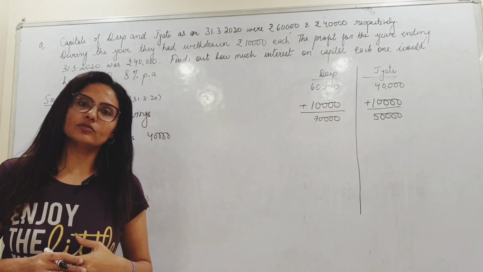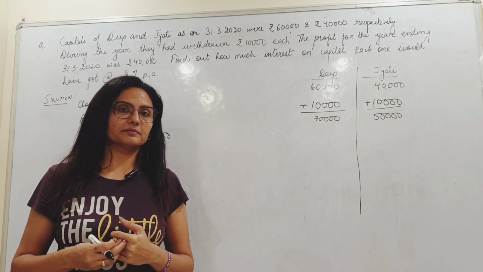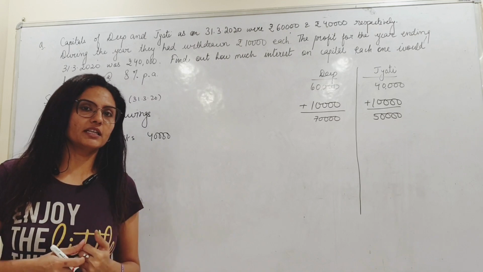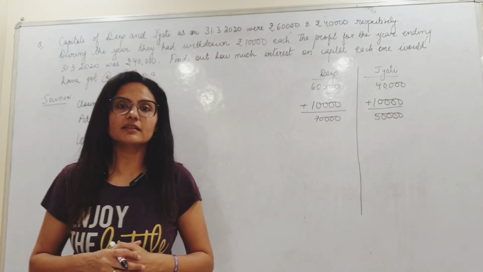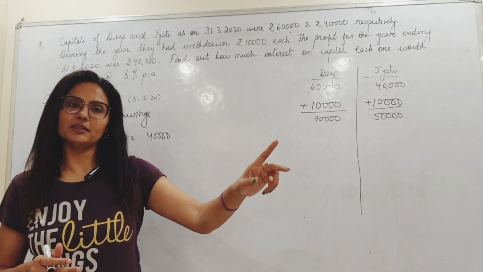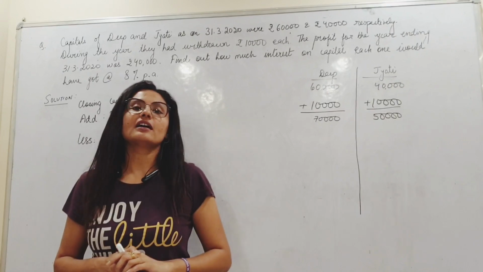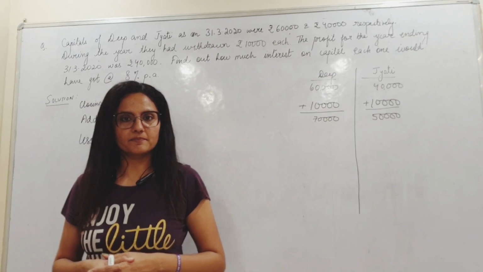For that we need to know the profit sharing ratio, which is again not given in the sum. पार्टनरशिप डीड क्या बोलता है? पार्टनरशिप डीड में कुछ नहीं बोला इसके बारे में. That means we will have to fall back on the provision of Partnership Act. Profits are distributed equally among the partners when nothing else is said.